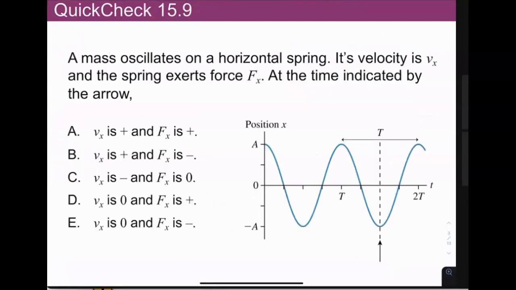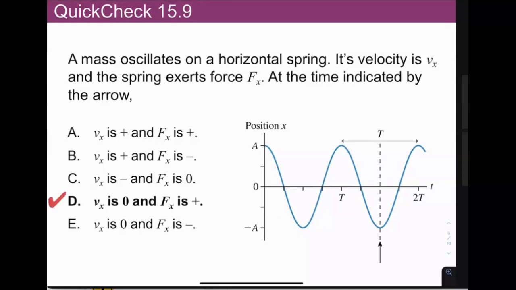In Quick Check 15.9, a mass oscillates on a horizontal spring. Its velocity is v sub x, and the spring exerts force F sub x. At the time indicated by the arrow, which of the following five choices is true? The correct choice is answer D. The velocity is 0 because the slope of the position curve at the point in question is horizontal, or 0.